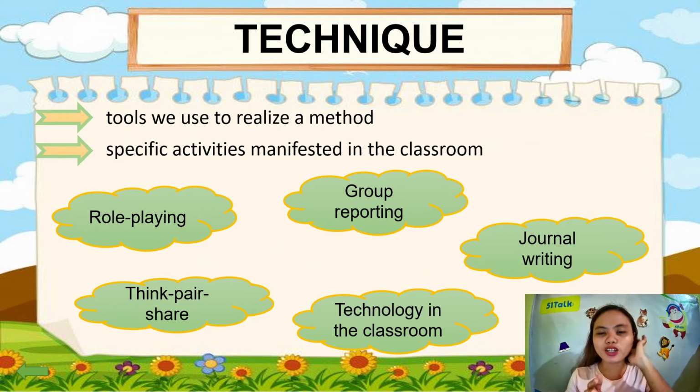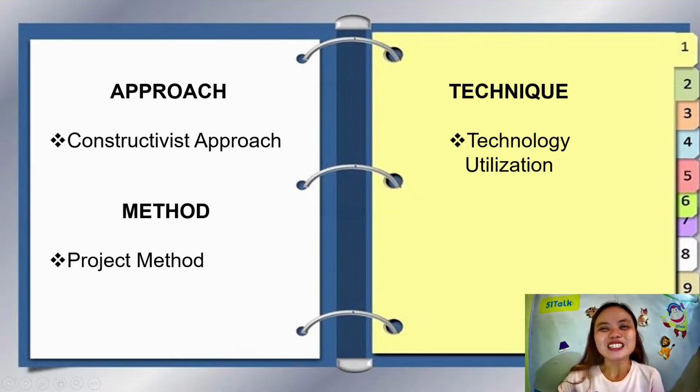So we can utilize the technology in our classroom so that we can have an optimum learning in our students. So those are the techniques that a teacher can use in his classroom. So those are the differences of the key concepts in teaching.